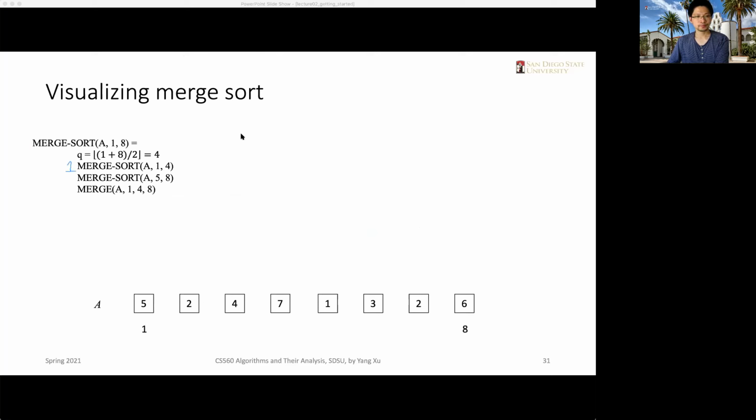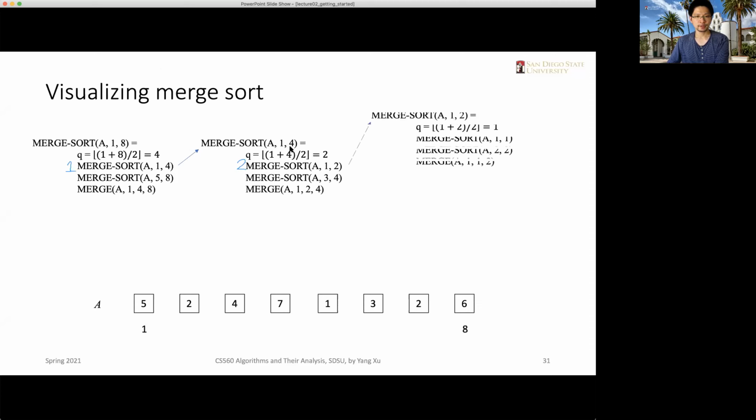And after this recursive call is executed, we will go to here, the second recursive call, right? And the second recursive call will be executed further, which is the third recursive call and the fourth recursive call. And the first merge will be here.